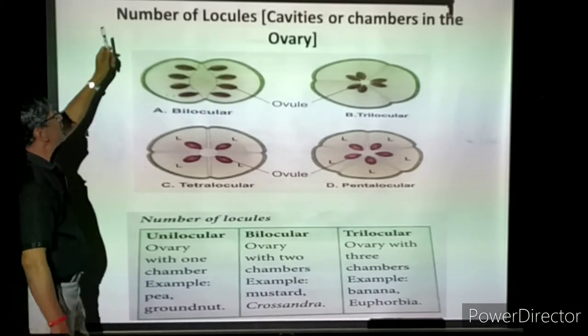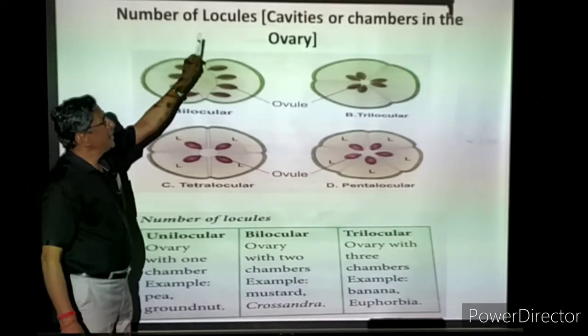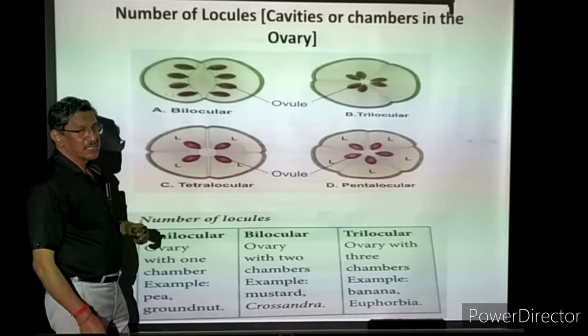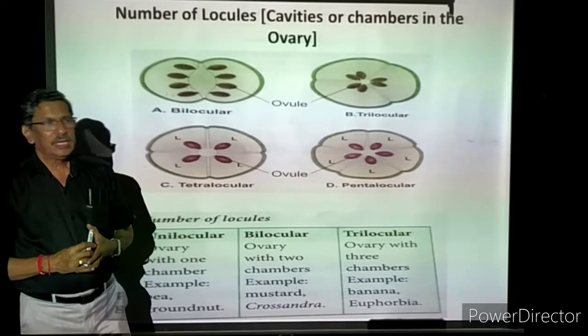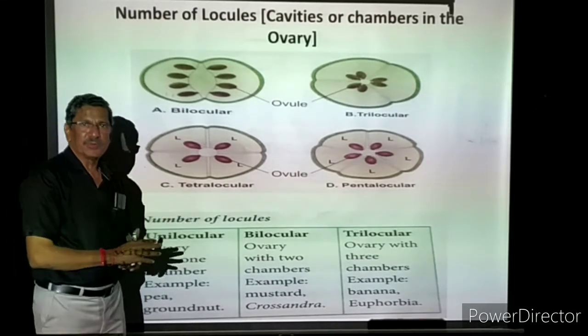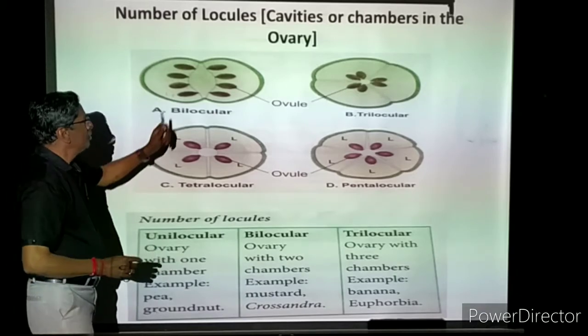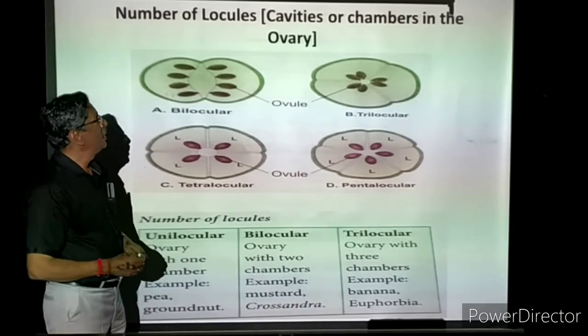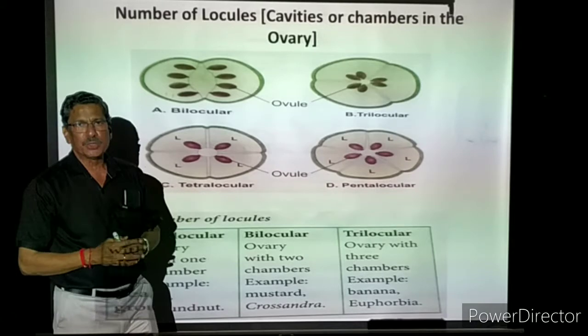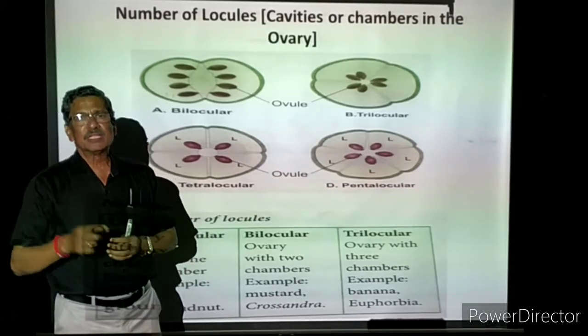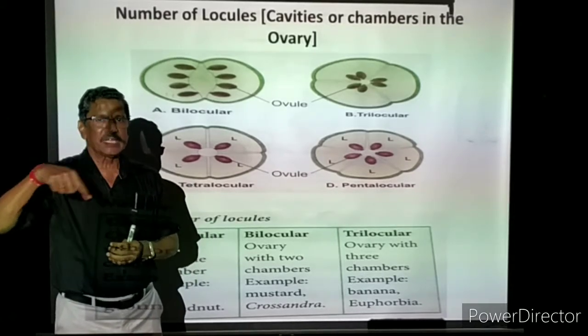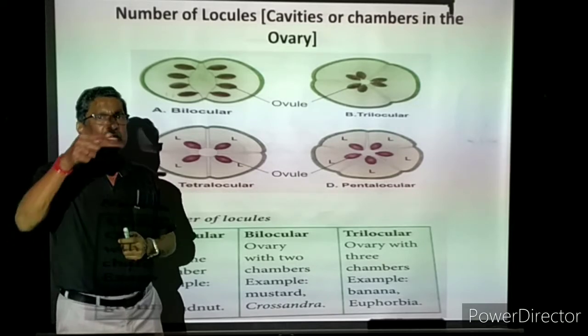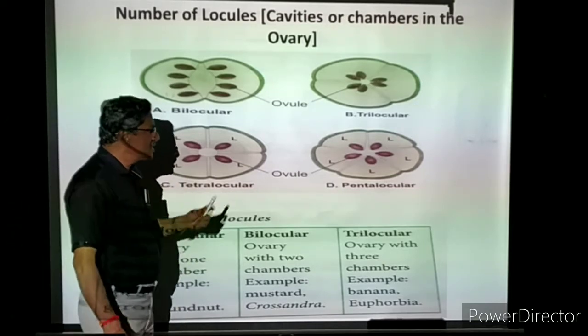Now we are coming to the number of locules in the ovary or in the carpels. I have separate diagrams for this to make you understand very easily, but we will go through according to the textbook. What is the meaning of carpel? Just now I told you. When you take the cross section, some green walls are forming chambers, cavities. The green outer wall we can call a carpel.